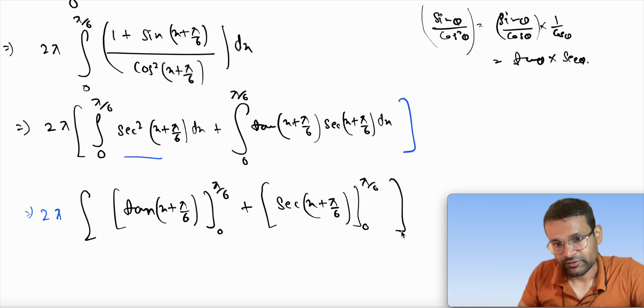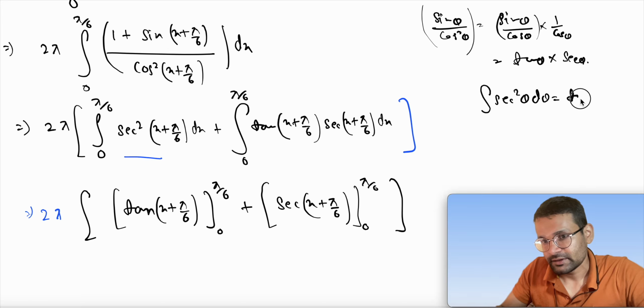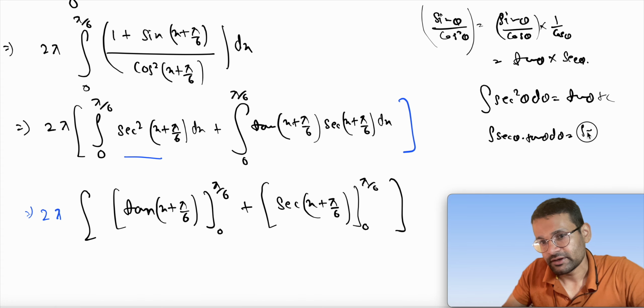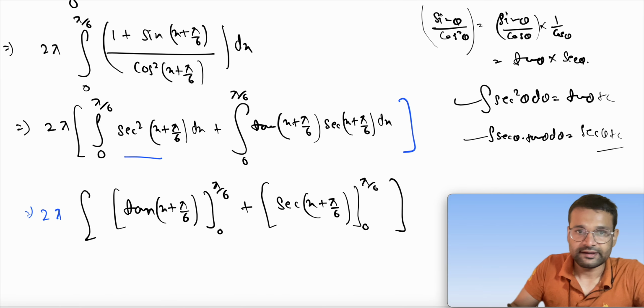Which formula am I talking about? We know that the integral of sec squared theta d theta is tan theta plus c, and we all know that the integral of sec theta tan theta d theta equals sec theta plus c. We use these directly.